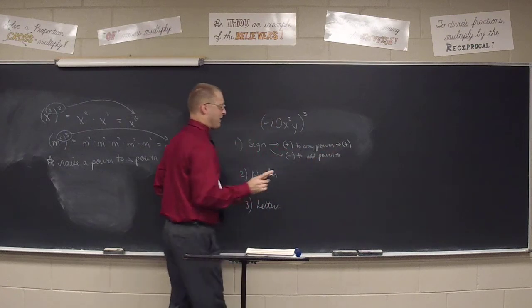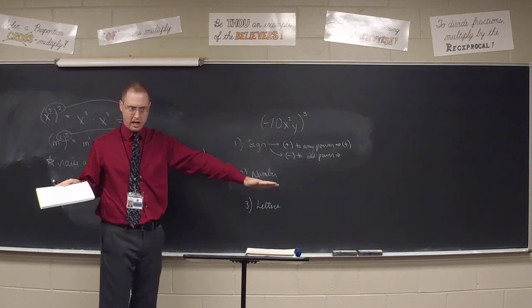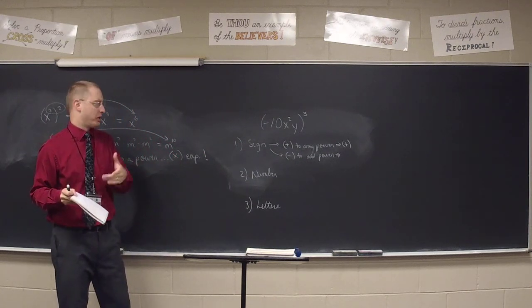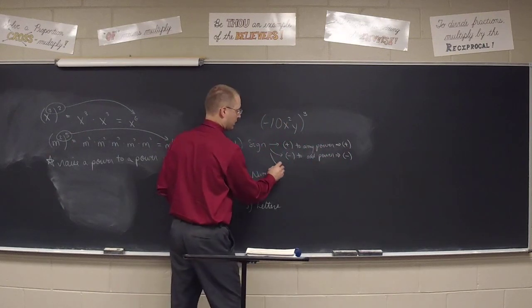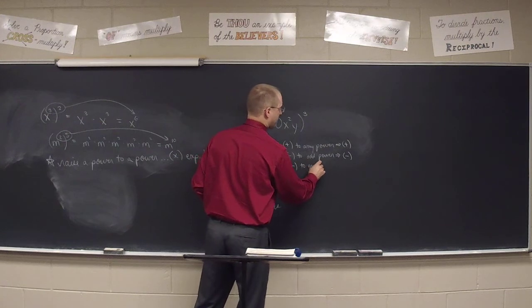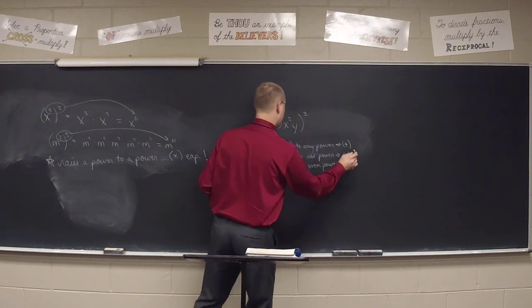Well, let's think about it. That means we would have a negative times itself an odd number of times, right? And we said an odd number of negatives gives us a negative, so an odd power of a negative would also give us a negative. And then finally, a negative to an even power will give us a positive.